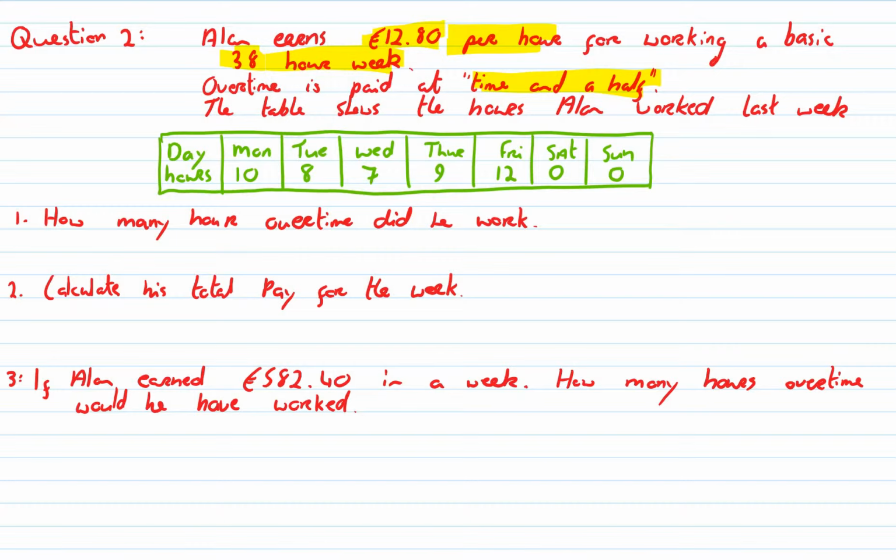Alright? The table shows the hours Alan worked last week. So Monday 10 hours, Tuesday 8, Wednesday 7, Thursday 9, Friday 12, Saturday and Sunday he was off. How many hours overtime did he work? Well, first of all, let's calculate how much he worked altogether. So altogether he got 10 plus 8 plus 7 plus 9 plus 12.